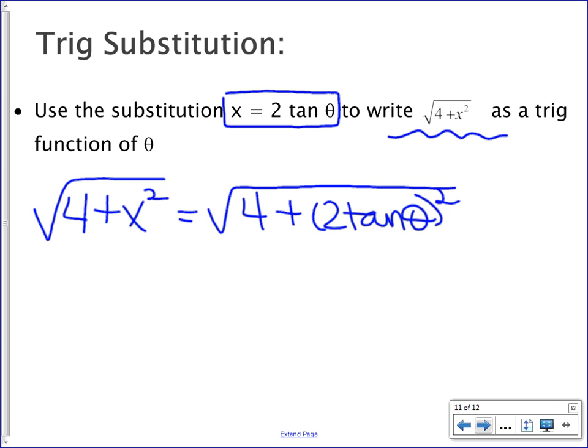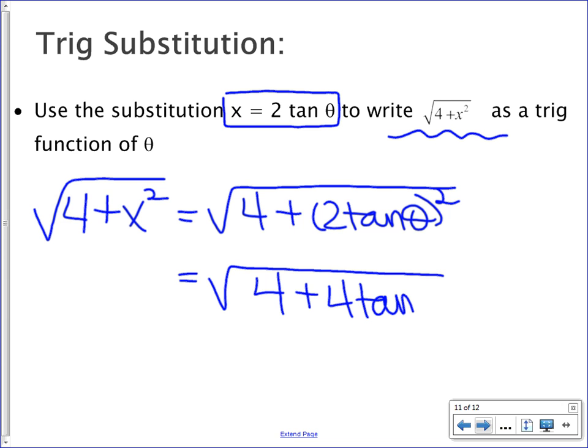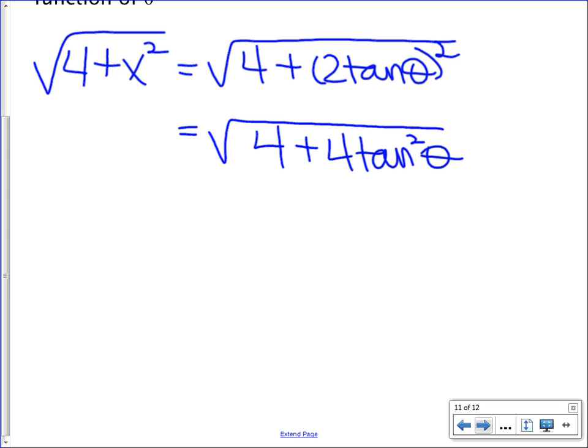Can you see where this is going, maybe? 2 tangent of theta squared is going to be 4 tangent squared theta. What do you notice about 4 plus 4 tangent squared theta? They both have a 4, correct? So can we factor out a 4?